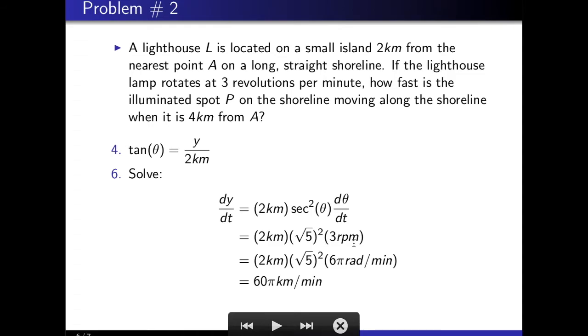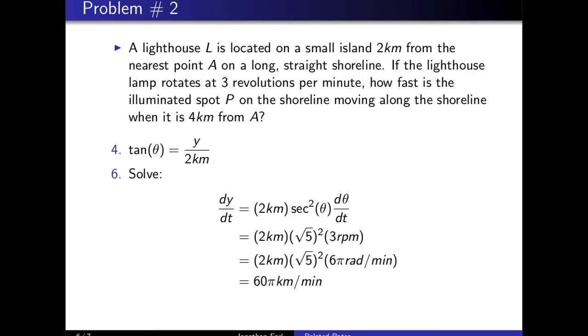The other thing that we want to do is we always want to put angles in terms of radians, so switch from revolutions over to radians by multiplying by 2 pi. So we get that d theta by dt is 6 pi radians per minute. When we combine everything together, we get 60 pi kilometers per minute. One thing to keep in mind here is that we dropped the radians unit.